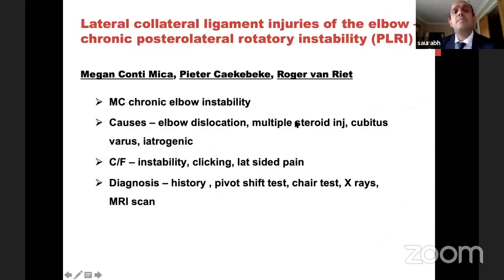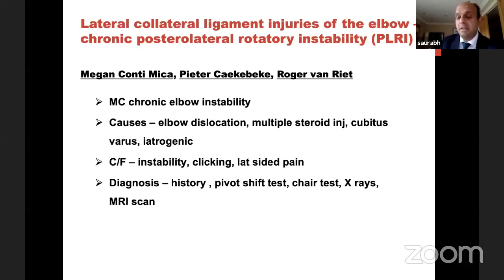Then let's talk a bit about elbow instability. We've repeatedly talked about LUCL, and we saw in Sean O'Driscoll's slide that in the spectrum of injury, when the elbow dislocates, the first thing to happen is the lateral ulnar collateral ligament comes off the epicondyle, and it creates PLRI. This is the most common elbow instability.